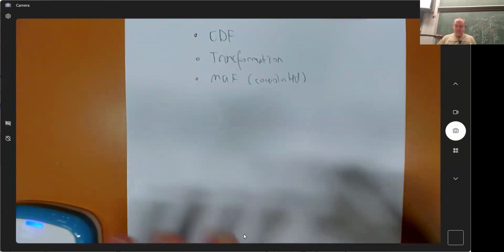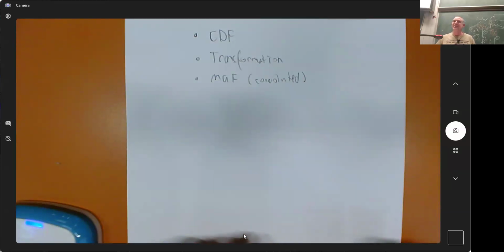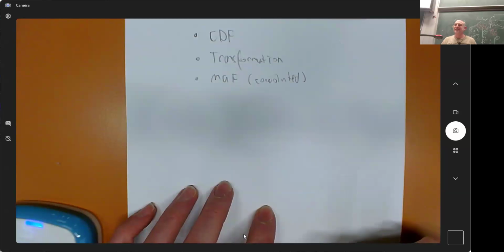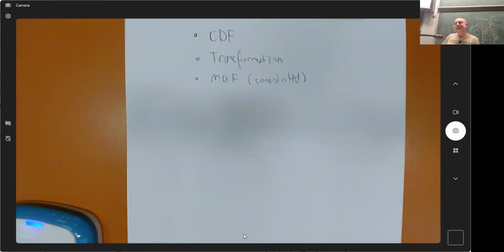Let me show you the CDF method and I'll convince you. When you do the CDF method, if you're looking for a PDF, you'll do an integral to find the CDF and then you'll differentiate it to find the PDF. And if you do an integral and then a derivative, you get the original function back. That's why there's no integral in the transformation method.